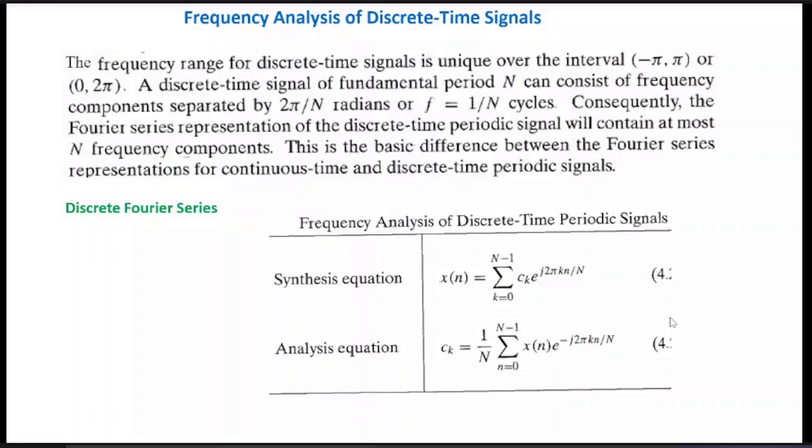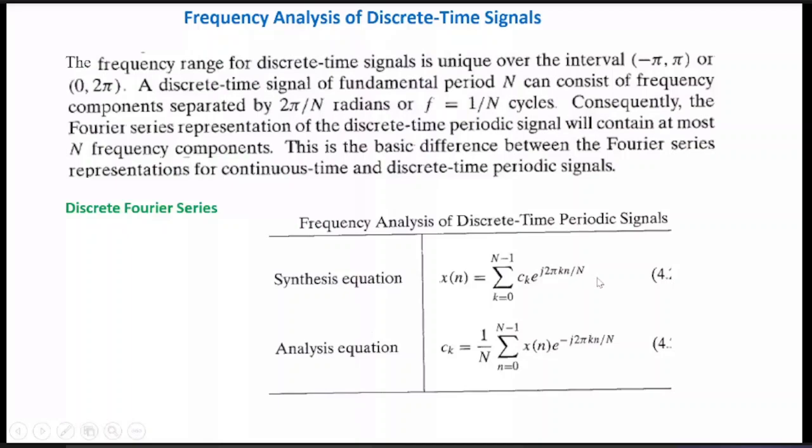Okay. So there are two parts. You know that any signal can be represented in terms of sine and cosine terms. The exponential Fourier series is represented with some coefficients ck, into e to the power j 2 pi k n by N, where N is the period of the periodic signal.